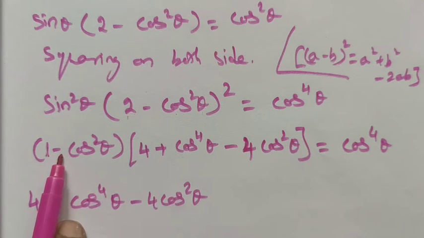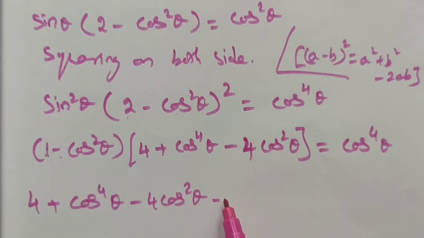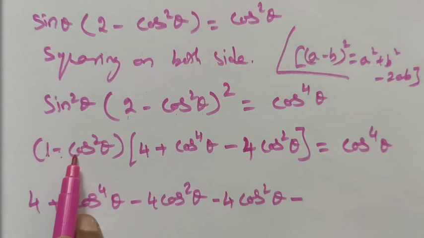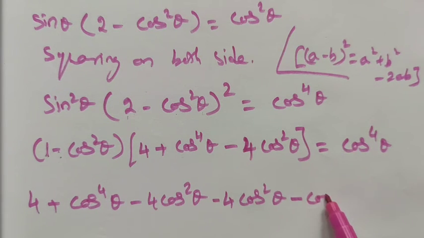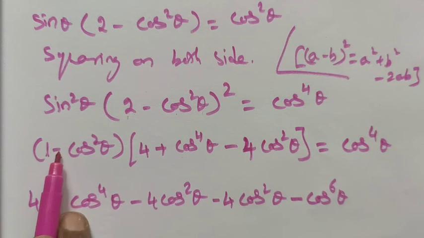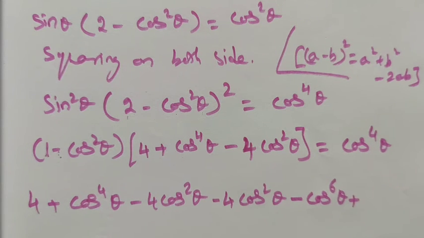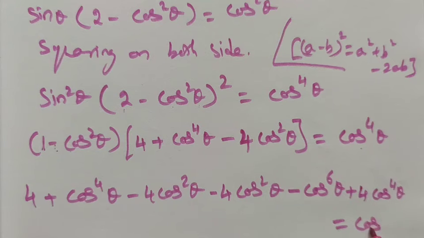Now multiply this term: minus cos square theta into 4 is minus 4 cos square theta, minus cos square theta into cos power 4 is minus cos power 6 theta, and minus cos square theta into minus 4 cos square theta is plus 4 cos power 4 theta. This is equal to the RHS, cos power 4 theta.